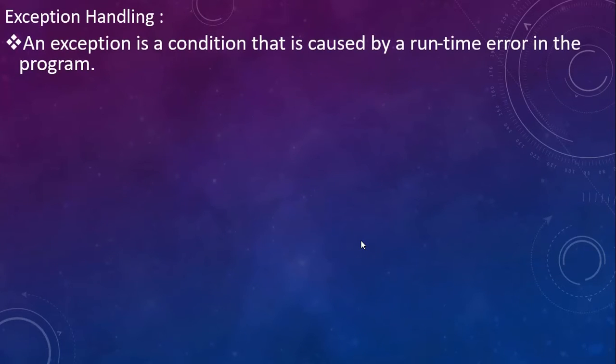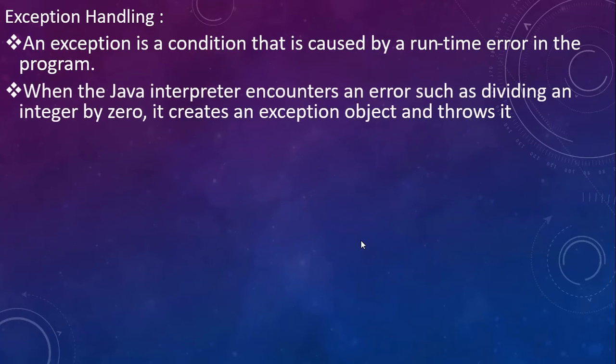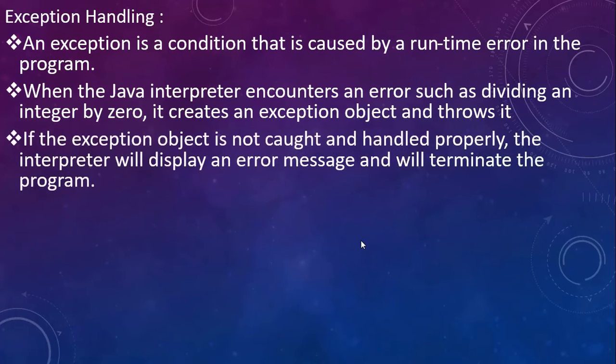An exception is a condition that is caused by a runtime error in the program. When the Java interpreter encounters an error such as dividing an integer by 0, it creates an exception object and throws it. If the exception object is not caught and handled properly, the interpreter will display an error message and terminate the program.